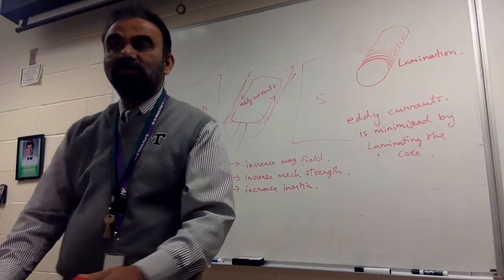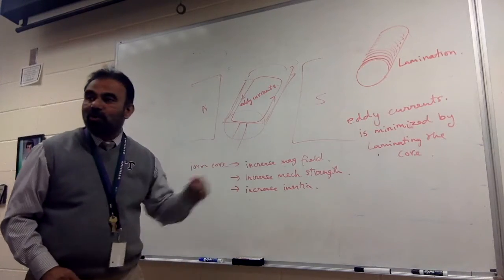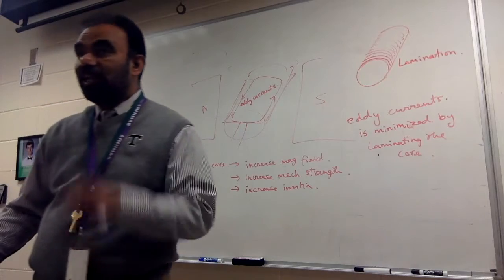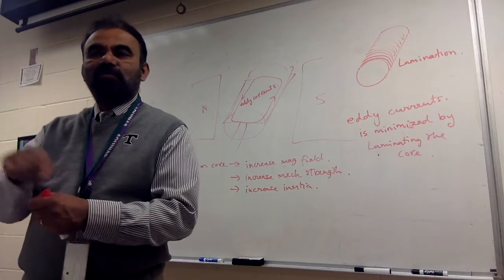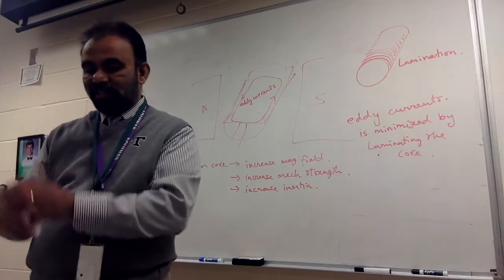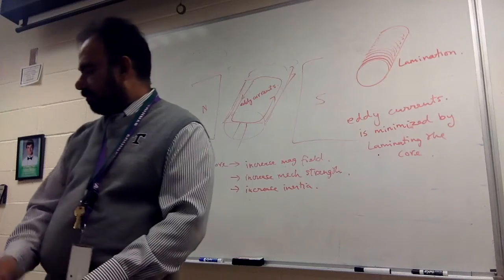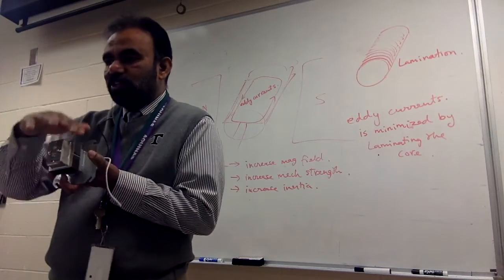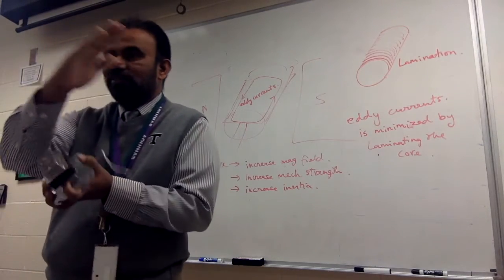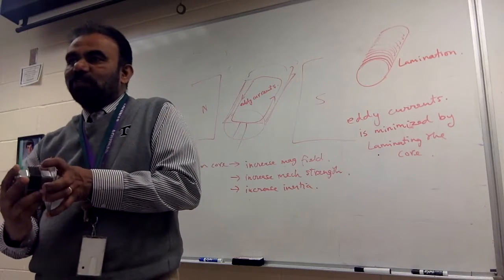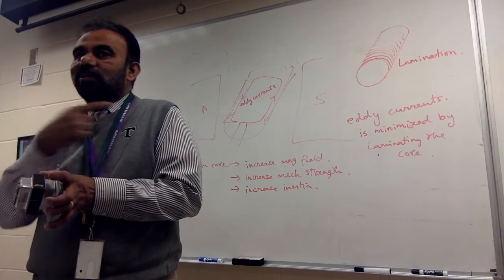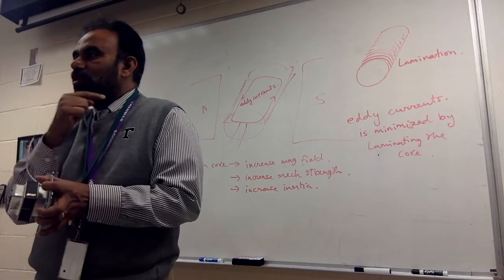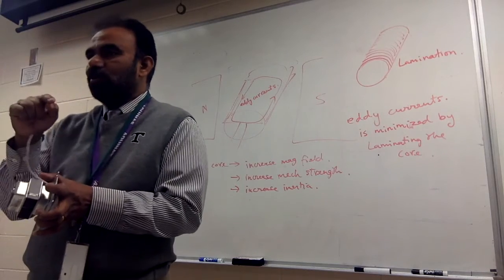So what they do, they actually put a solid core in there deliberately. So when you put a solid core, what happens is this: the solid core is spinning along with the pointer. So when the solid core spins one way, it will induce an eddy current which flows in a direction to oppose the cause.